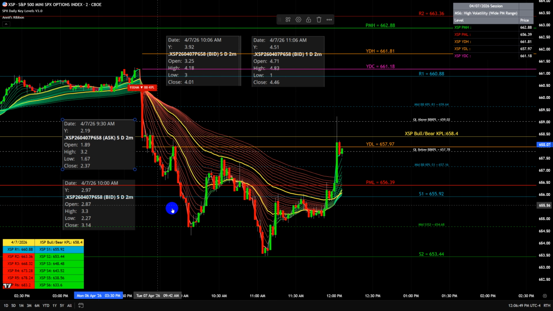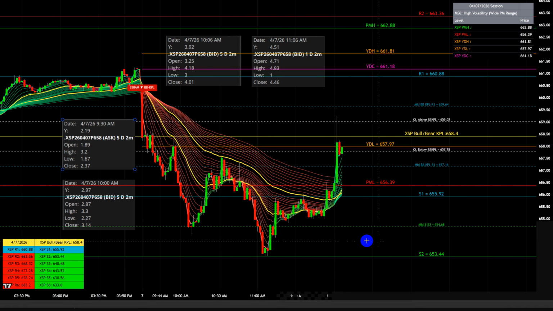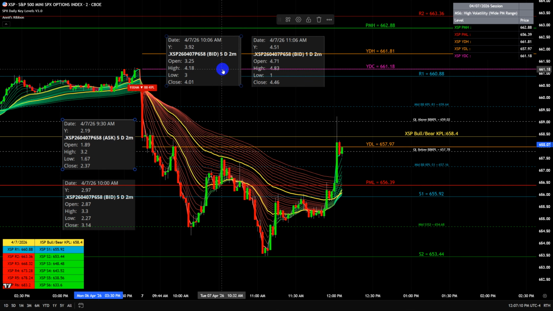Okay, so on our one level hit of the S1, that again occurs at 10 a.m. here. So that's the one level hit for the scalp only. And the bid on that option at the close of that candle is $3.14. Then on our hit here at 10:06 a.m. of the 1.5 level move in our favor, the bid price on the close of that candle is $4.01.